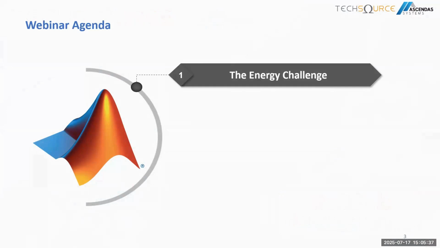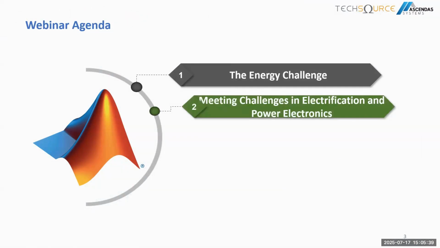Another is, how do we meet these challenges? We'll discuss the specific challenges you face as an engineer, student, or lecturer in the universities when researching or integrating renewable energy resources and designing power electronic systems that are efficient, robust, and safe.